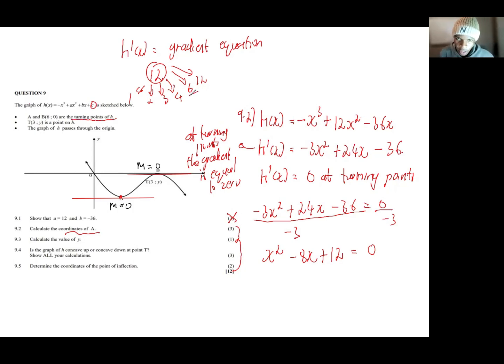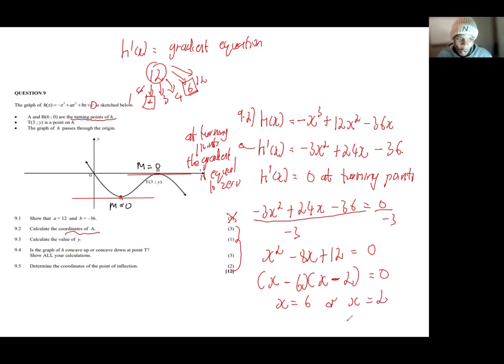So it has to be 6 and 2. Let's open two brackets, distribute the x, and since this one is positive, we take 6 and 2, and they both should be negative, equals 0. So x is equal to 6 or x is equal to 2.